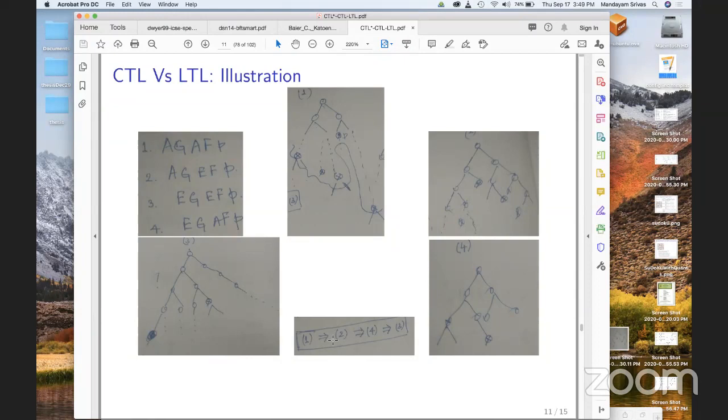Now I'm claiming that this is how these four formulas are related, but I haven't checked this completely. Maybe 4 and 3 are incomparable. Nonetheless, it is the case that none of them, except the first one, AG of A of P is equal to G of F of P.